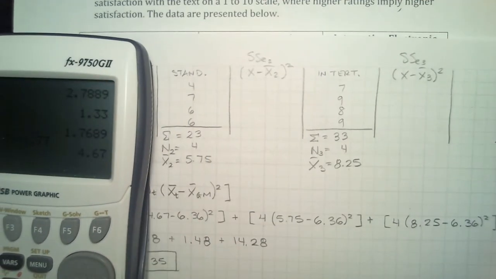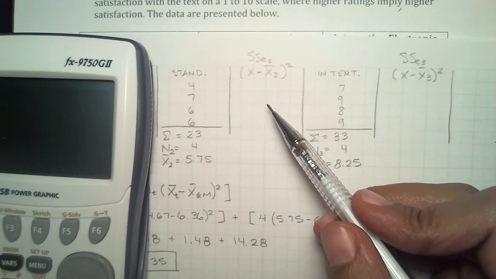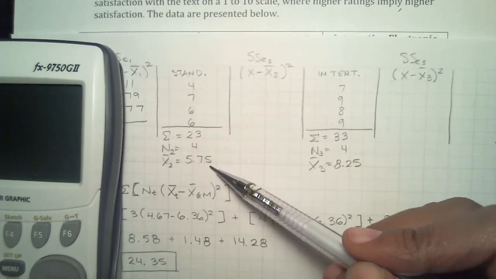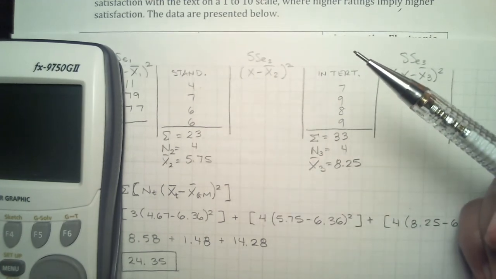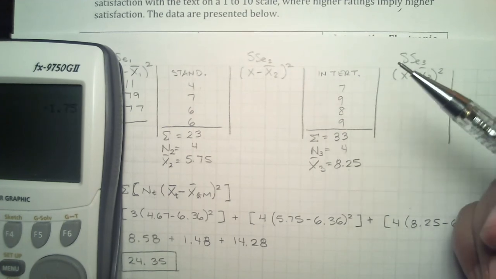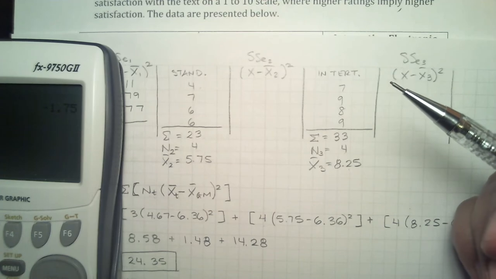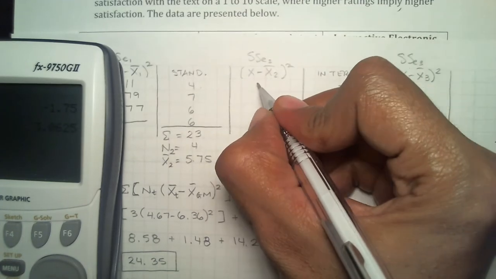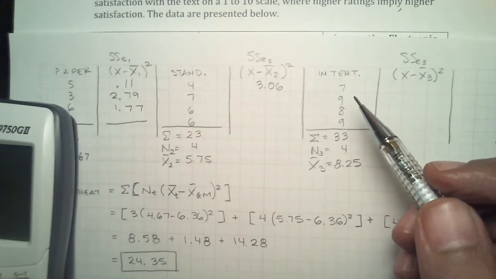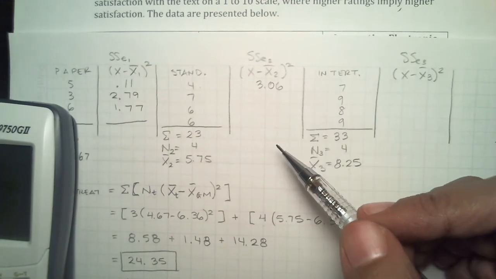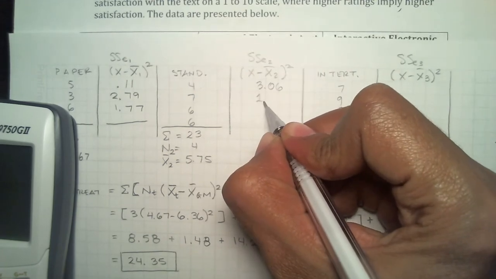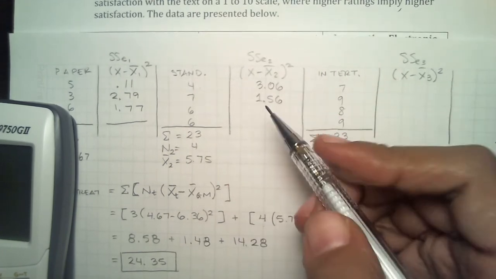Now I'll do that for the next group. So individual score minus the group mean. 4 minus 5.75, and I square that. I get 3.06. Next is 7 minus 5.75, and I square it, 1.56.